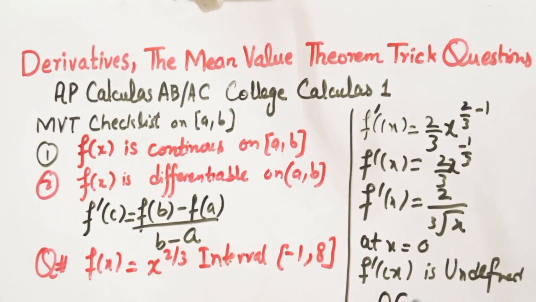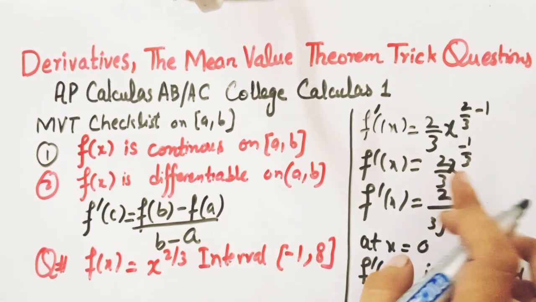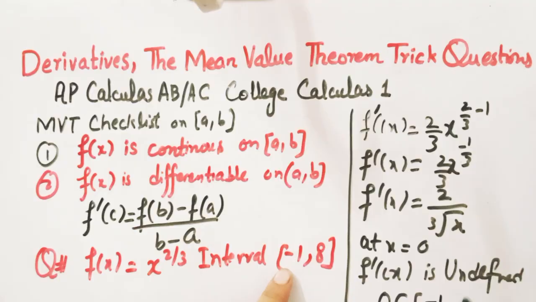And 0 belongs to the interval from minus 1 to 8. Write this here. Therefore, the mean value theorem doesn't apply.